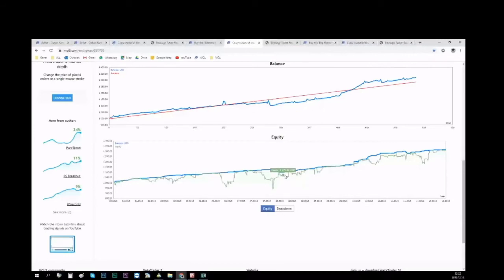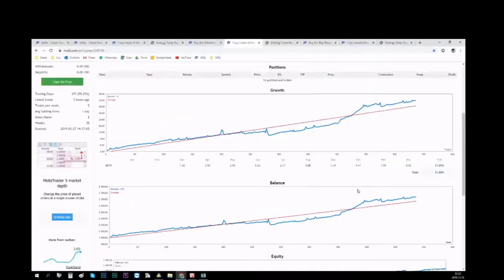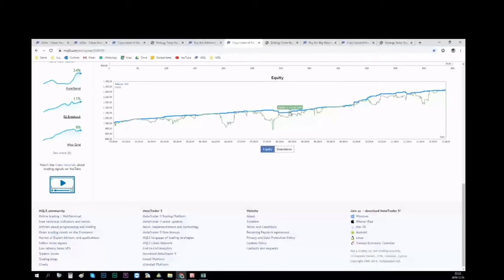But at the end, when all orders close, it closes with a little loss. You can't see any big loss after all orders are closed.